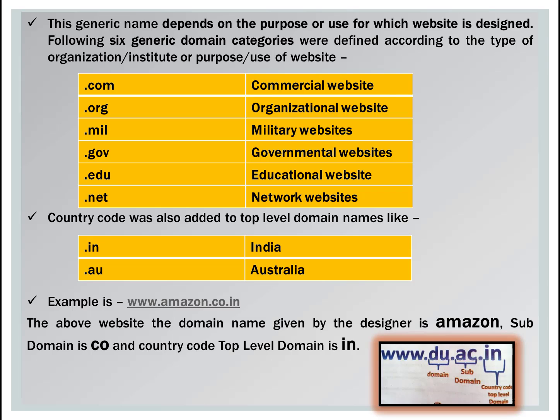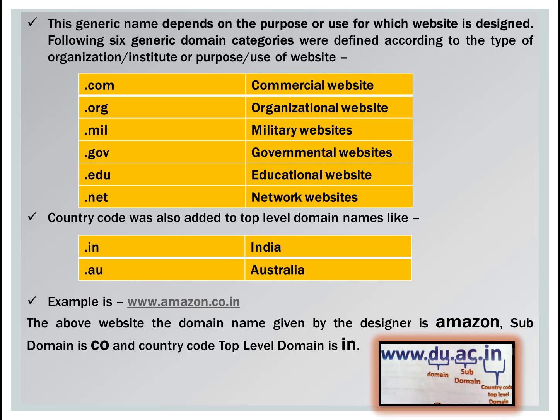.org, organizational website. .mil, military website. .gov, governmental website. .edu, educational website. .net, network website. Country code was also added to the top level domain name, like .in.